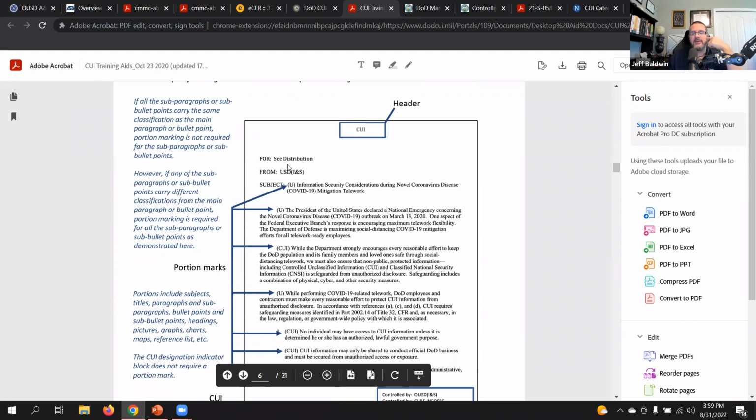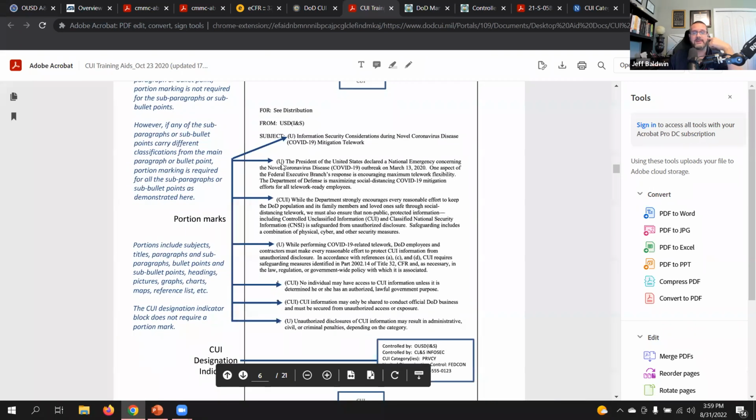So if you had this document with CUI, you could see that this sentence, this paragraph is unclassified. So you could potentially release that out versus the CUI, which is not releasable, where it would probably have to be redacted in some form or fashion before it was released.